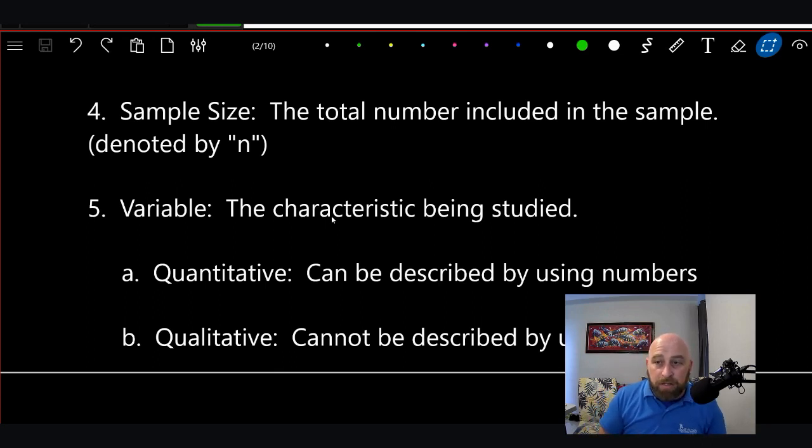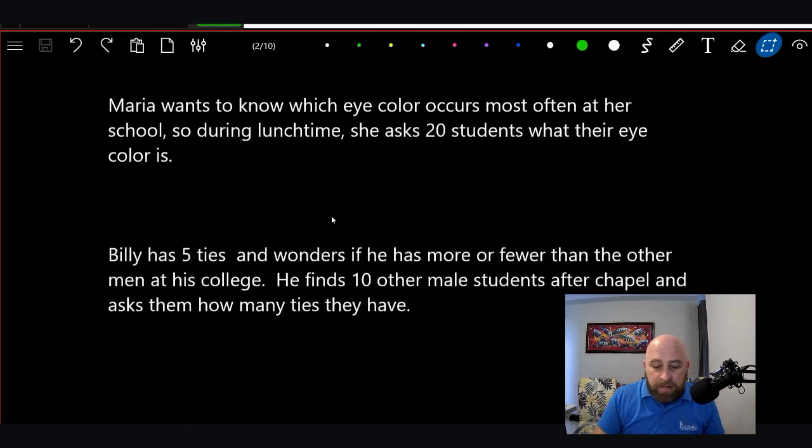She's probably going to get like 12 blue and 6 green and 2 hazel, whatever. She's going to get a certain number on each one. But really, this is a qualitative survey. So she's talking about color rather than talking about quantity. She's more concerned about color than quantity here. Okay? All right, the next one, the last one.